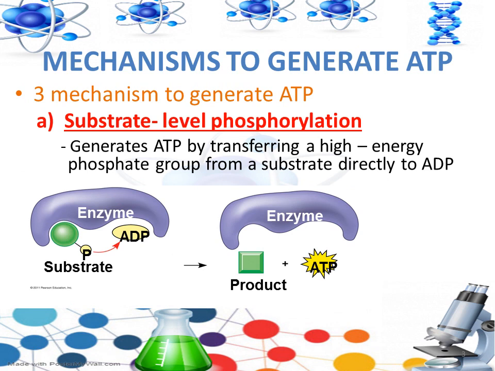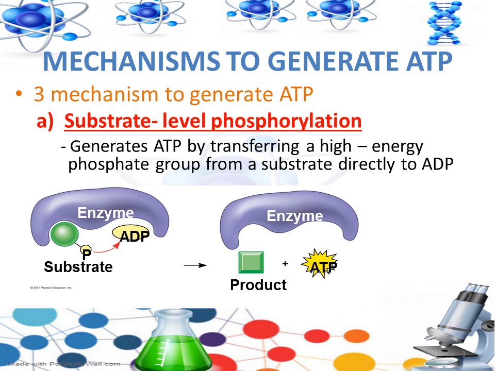There are three mechanisms to generate ATP. The first one is substrate level phosphorylation. What I mean by substrate level phosphorylation is that ATP is directly generated by transferring one phosphate group from a substrate to the ADP.